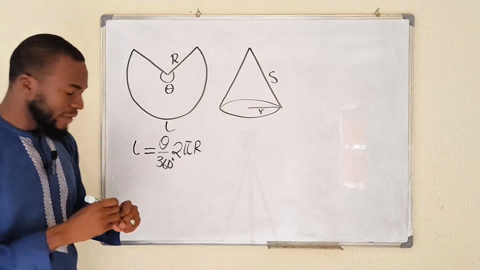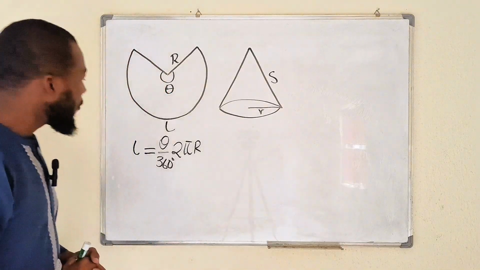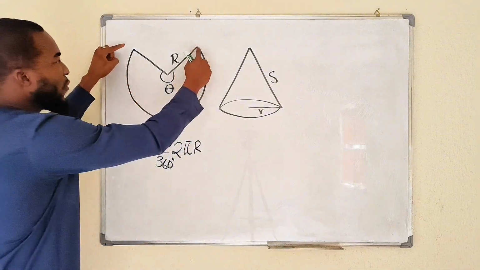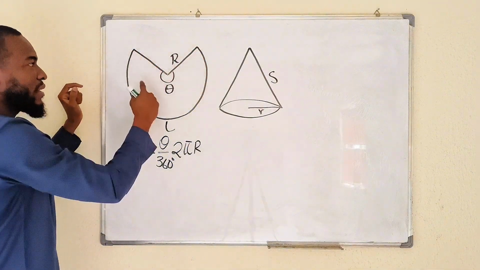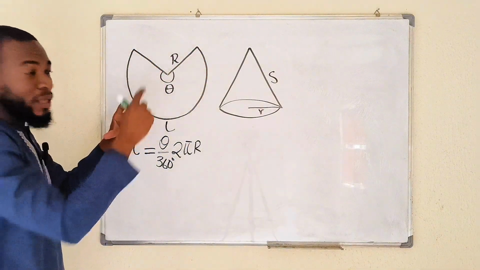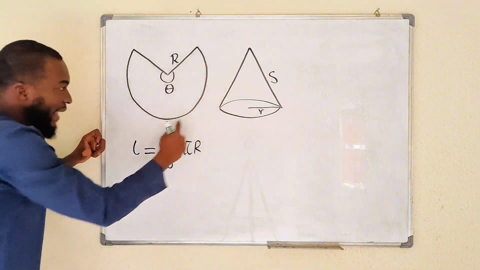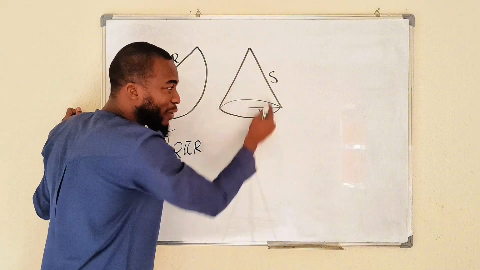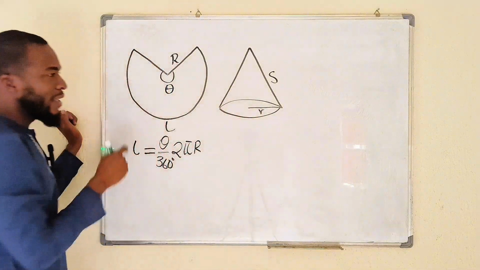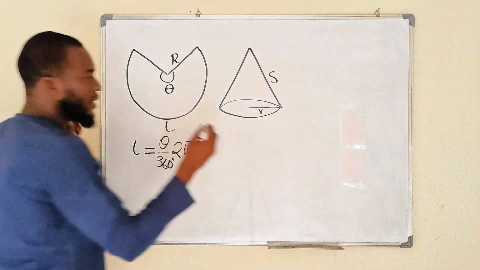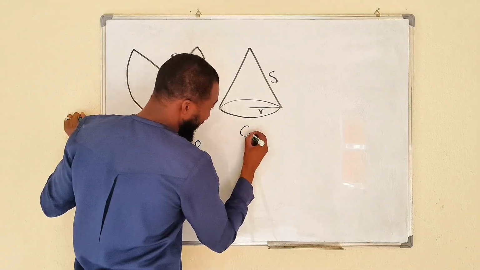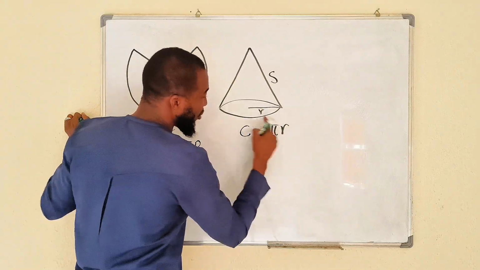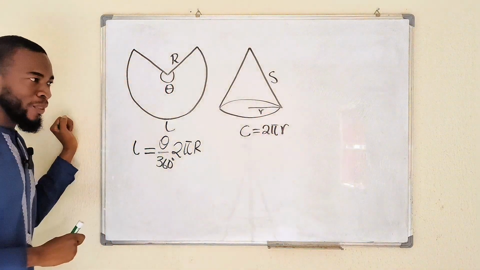Let's go to the other side. One thing I would like you to remember is that if you fold this one from this end to this end, you have a cone. Therefore, this L will now turn to be what? The base of the cone, which is the circumference of the circle right here. So what is the circumference here? Circumference C is equal to 2 pi r, but this time small r since we have small r here.